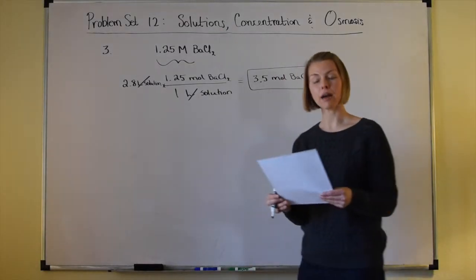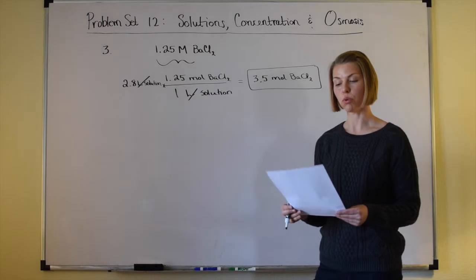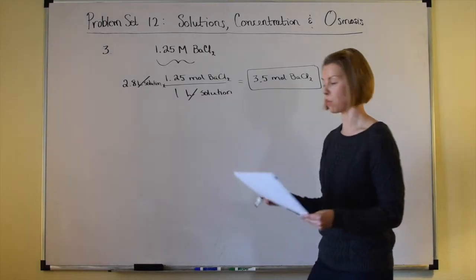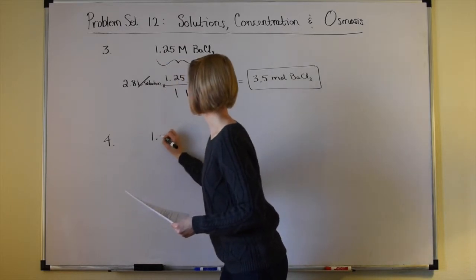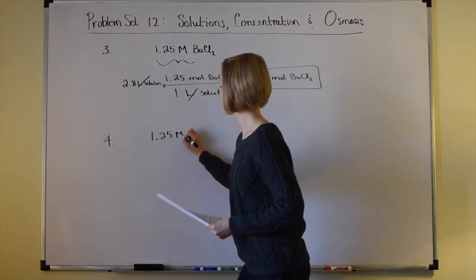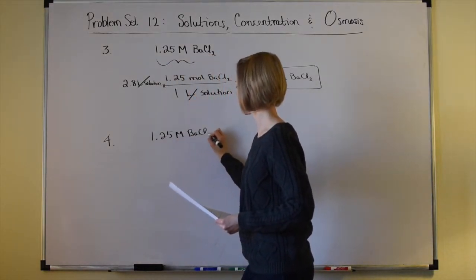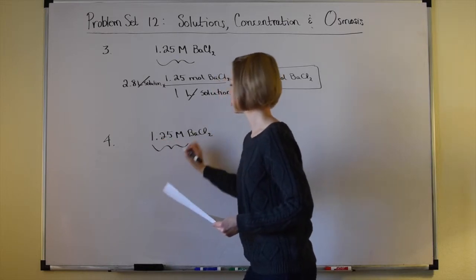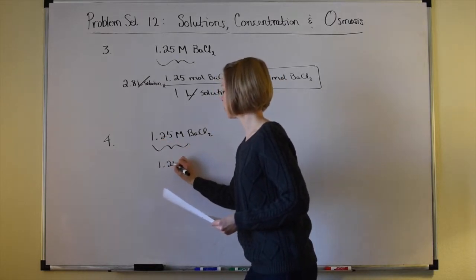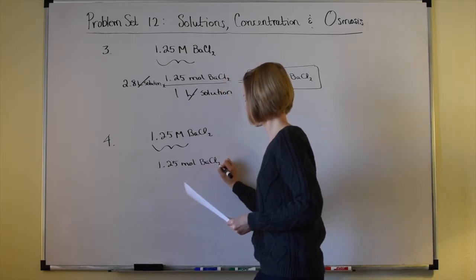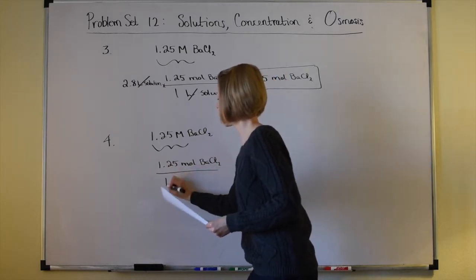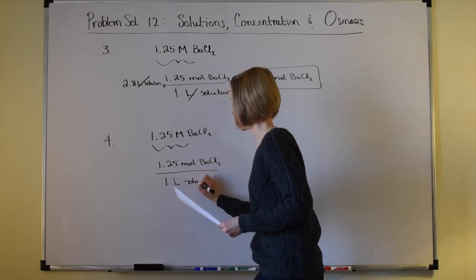How many grams of barium chloride are in 2.8 liters of a 1.25 molar solution? Okay, so again, 1.25 molar barium chloride solution. Right away, you should be thinking 1.25 moles of barium chloride per 1 liter of total solution.